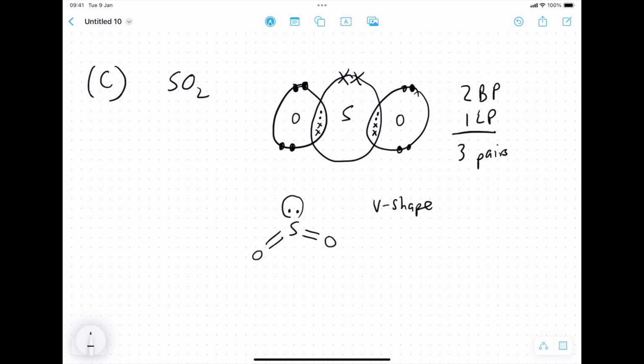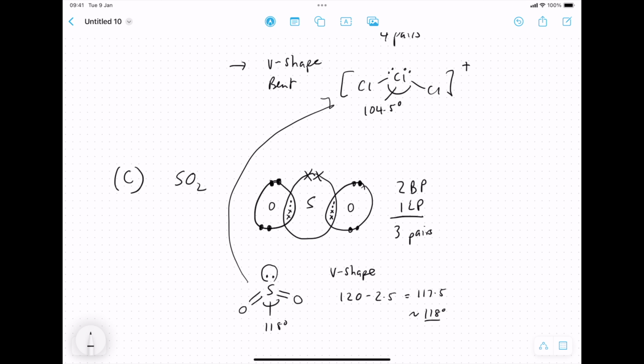But because a lone pair has replaced a bonded pair, to work out this bond angle, it will be 120 minus 2.5, which is the angle you take off when a lone pair replaces a bonded pair, equals 117.5, so approximately 118 degrees. V-shape, similar to the one above, but look, they have different bond angles. One is 104.5 and the other is 118.